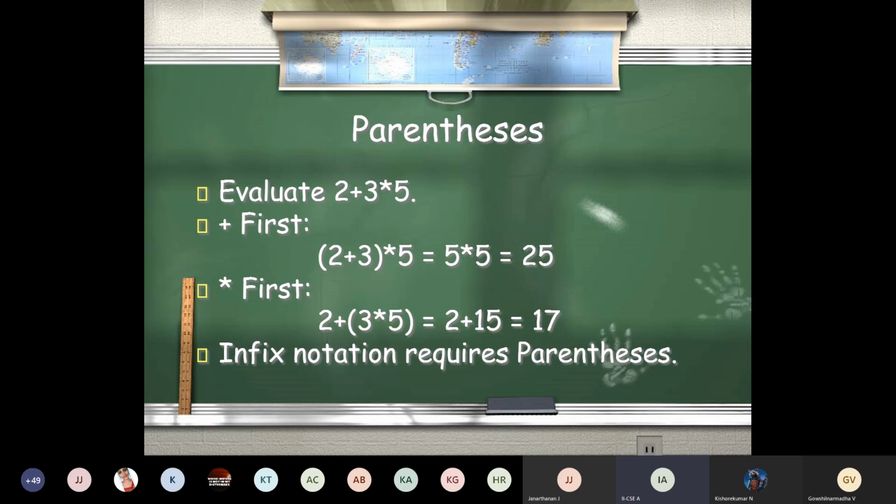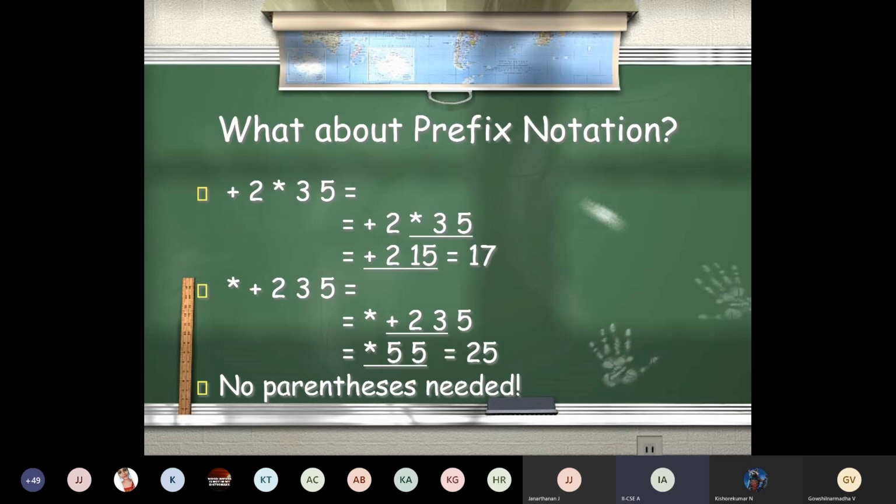If you consider star as the highest precedence, then 17 is the correct answer. But when you are implementing this in your data structure, considering infix, prefix, and postfix notations, we require parentheses to solve our problem. Properly, it must be parenthesized. Then only we can solve.